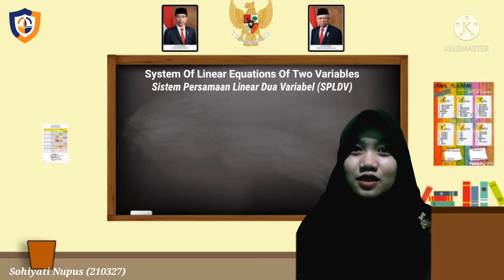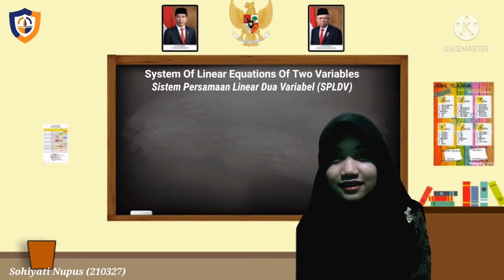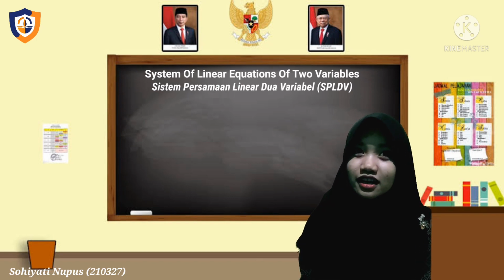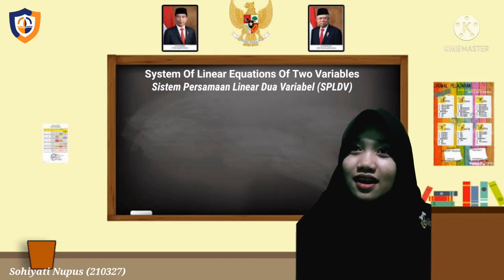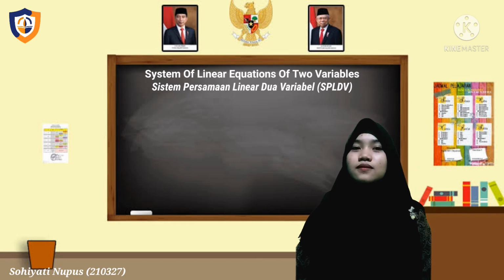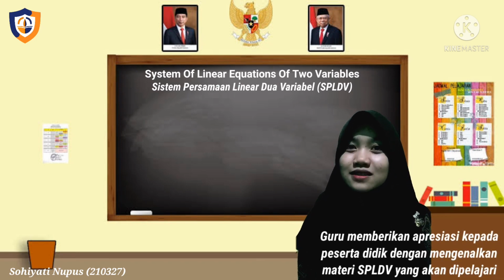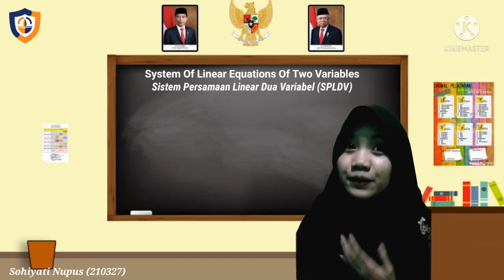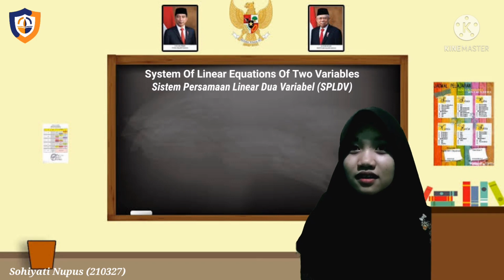Okay, students, Miss will discuss material about SPLDV, or a system of linear equations of two variables. Have we ever heard the word SPLDV? Yes, maybe we have studied it and are familiar with this material, and Miss will explain it again.